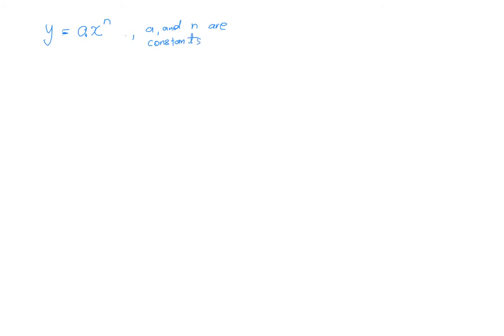Okay, so when I find the rate of change of this term with respect to x, the rate of change function, how do we write it? We write it as dy over dx.